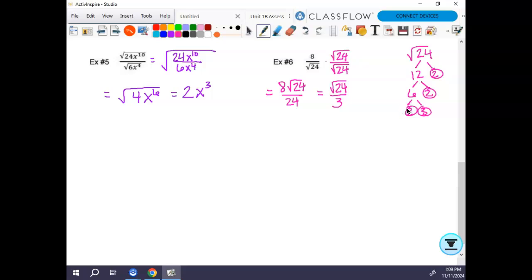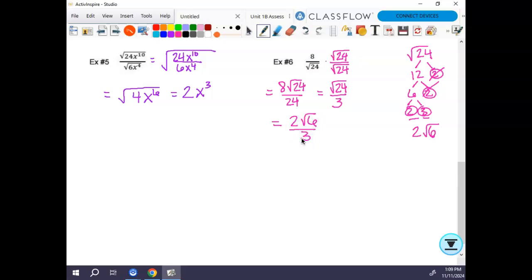So then what can I reduce the square root of 24 to? Good. 2 times the square root of 6, because these two come out as a regular 2. These have to stay underneath, and we multiply them back. So that means I get 2 times the square root of 6 over 3.